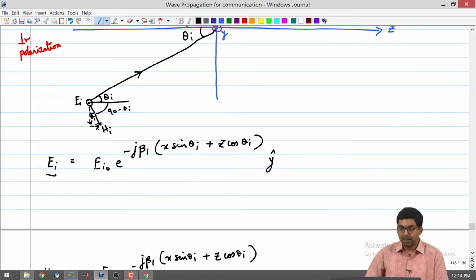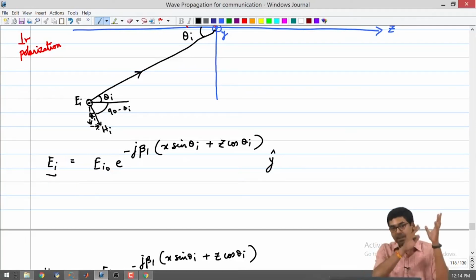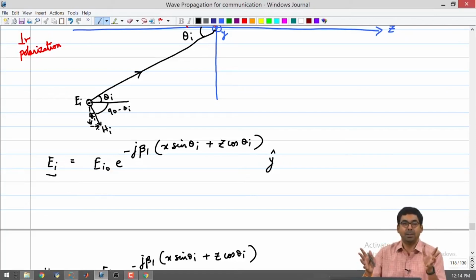The reason I want to pay more attention is because the boundary conditions are different for these different components. In the previous case we did not have any free charges, so we just used tangential fields equal to 0. But here we have to be very careful when applying the boundary conditions. That is why I want to split them into two components and apply the correct boundary conditions.